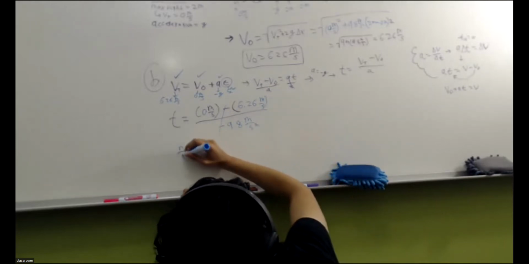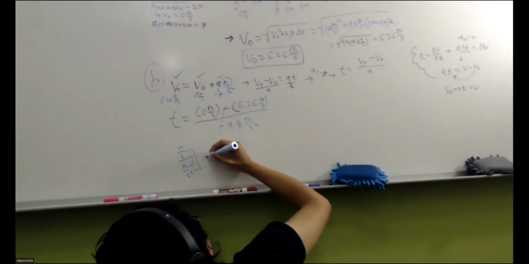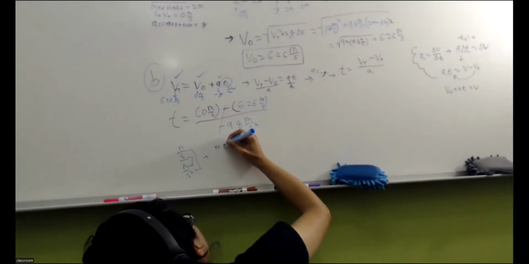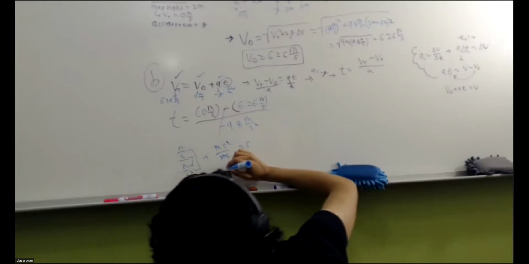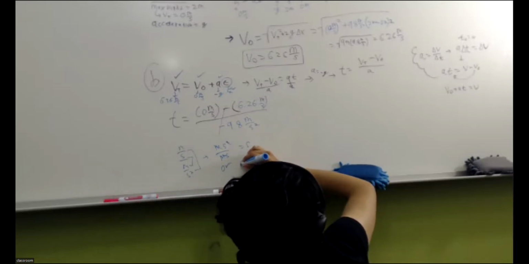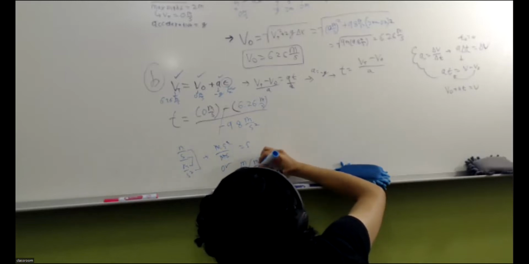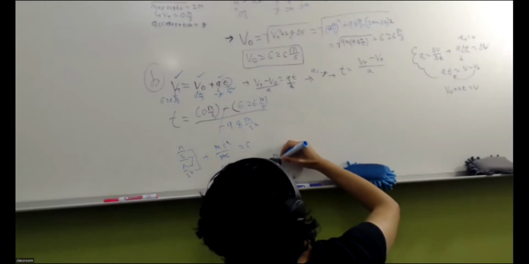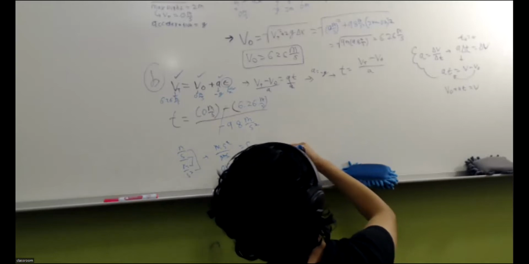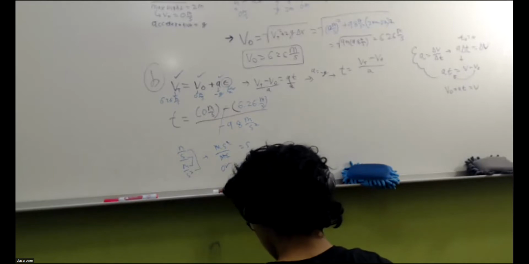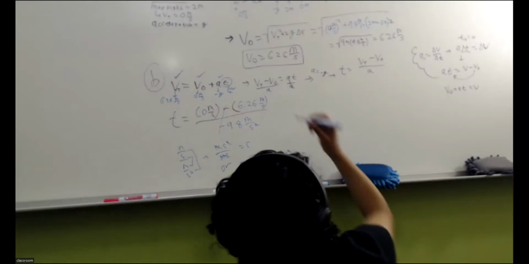For units, you have meters over second, meters over second squared. You can do my way where you multiply them both out like that. Meter seconds squared, those cancel out, which gives you seconds. Or you can do the other way, which is you just take the inverse of one. So meters over second times second squared over meter. Those cancel out, which gives you seconds. Either one is fine. The brackets just make more sense in my head. It doesn't mean it has to make more sense in your head.